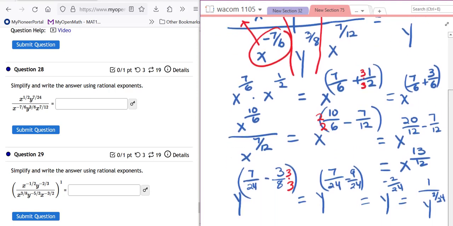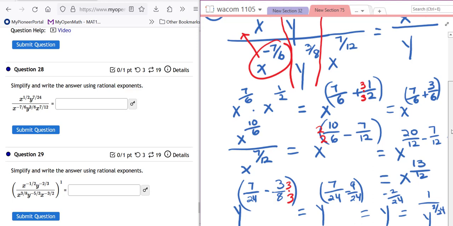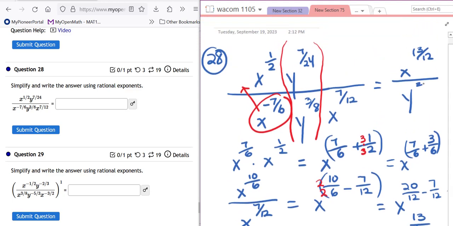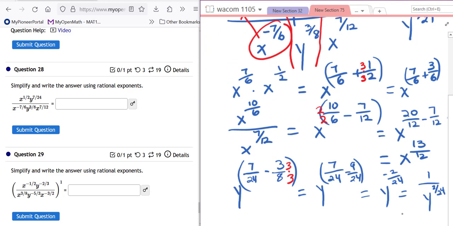That was a 2/24, and they're going to scream about that. I should reduce that. So they're not going to be happy with that answer. That should reduce, so I'm going to have to come back down here and just reduce it. Equals 1/y to the 1/2.